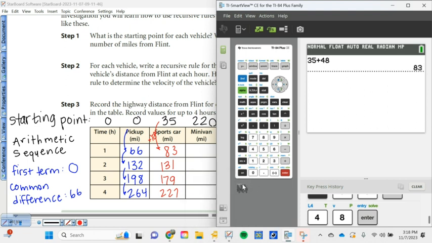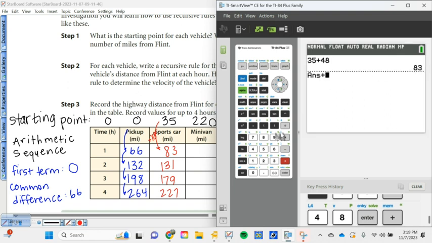But then from there, we have a couple little shortcuts, and you might already be familiar with these, but let me just show you anyway. So instead of typing in 83 plus 48, right? I could always look back to my previous answer, type in that answer, and then add on from there. Or if I just press the plus sign, it shows up as ANS, that's answer. So it pulls the last answer and it automatically just grabs it.